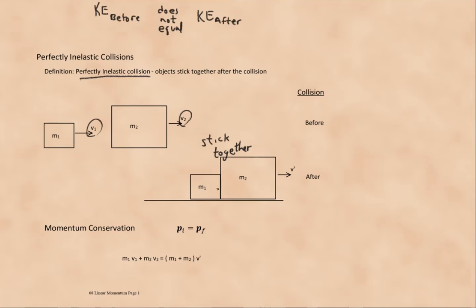They collide and they stick together and move off with a common velocity v prime, meaning both of them are moving at the speed v prime. So then our momentum conservation looks like this. The momentum before the collision is mass 1 times his speed plus mass 2 times his speed. After the collision, they're stuck together, and so the system has a total mass m1 plus m2 moving at this one speed.